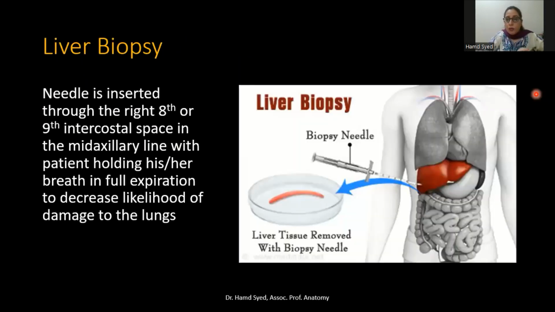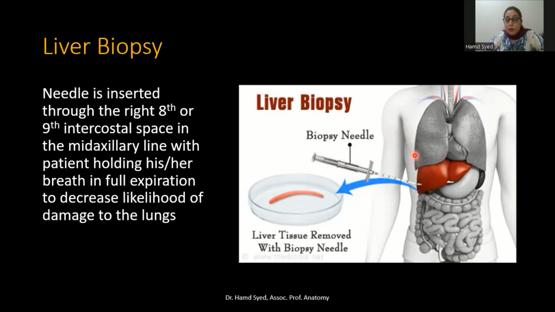So now, as I mentioned, I want to tell you about the site for liver biopsy. This is performed when we want a sample of the hepatic tissue, and for getting that small sample for diagnostic purposes or investigative purposes, we use a biopsy needle, and this biopsy needle is inserted into the right 8th or 9th intercostal space in the mid-axillary line, over here in the mid-axillary line, with the patient holding their breath in full expiration, because that avoids damage to the lungs.